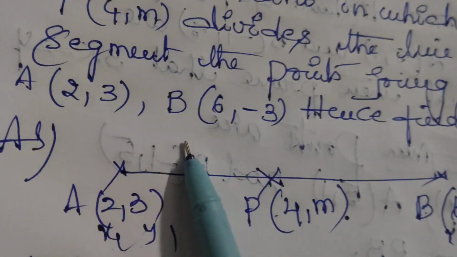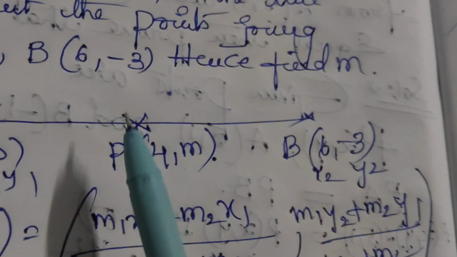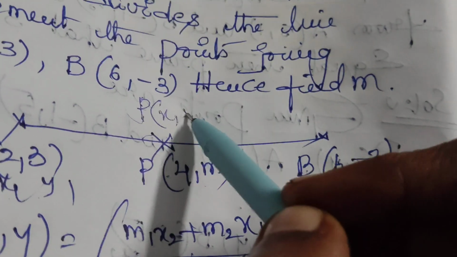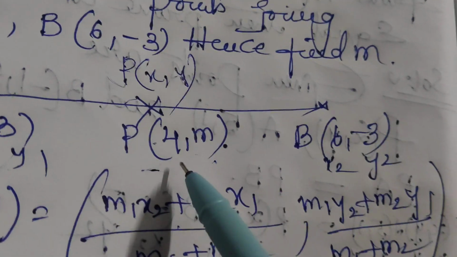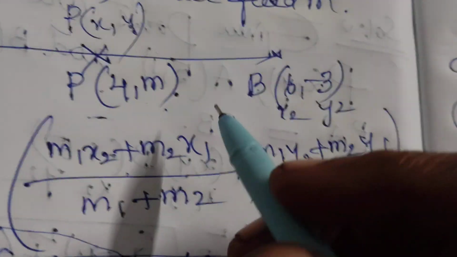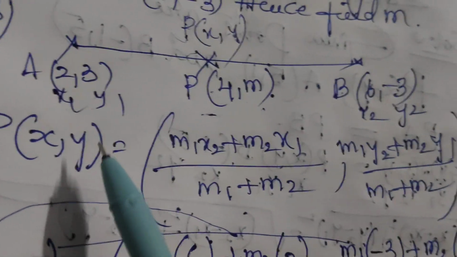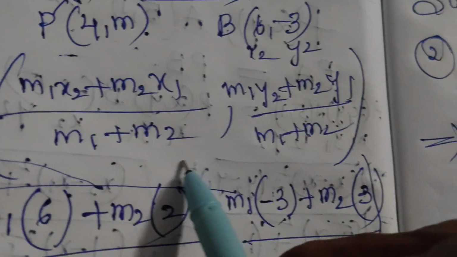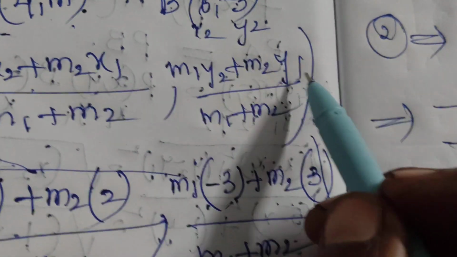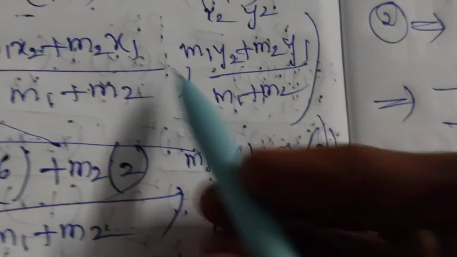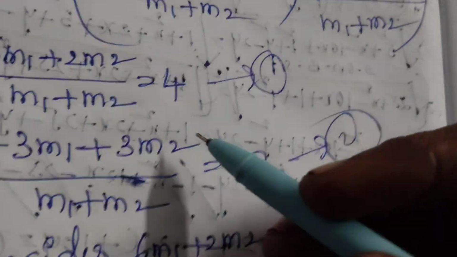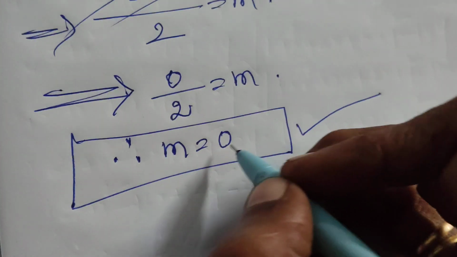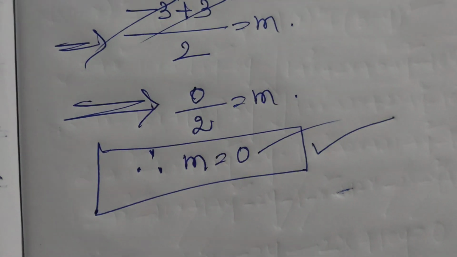The line segment joining the points A and B is divided by P(x, y), given as (4, m). So P(x, y) formula is (m1 x2 + m2 x1) / (m1 + m2), with m1 by 2 plus m2 by 1 over m1 plus m2. Substitute the values, and finally we prove that m equals 0. Okay, thank you.